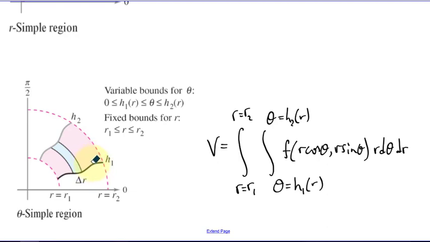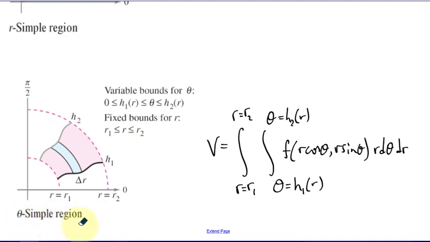Could be a larger angle of theta or smaller. The angle changes as we change the radius, right? So that's what the variable bound for theta represents. And then there are fixed constant boundaries at one radius R1 and another radius R2. So this is when we call theta simple.